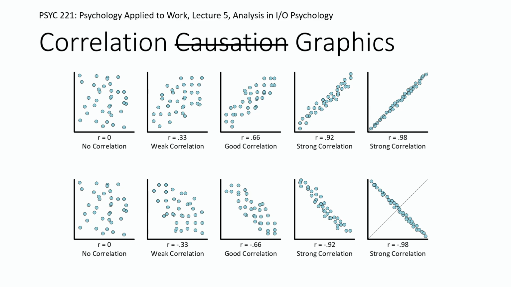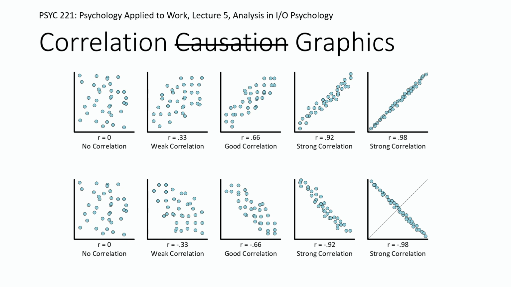So we looked at this graphic last lecture, and I wanted to bring it back up again because we're going to dig a little bit into this for this lecture some more. So recall that the top line is positive correlations, the bottom series is negative correlations, with the correlation being the R value, and the correlation getting stronger as you're moving to the right. We're not going to get into what an R squared is and that sort of thing.